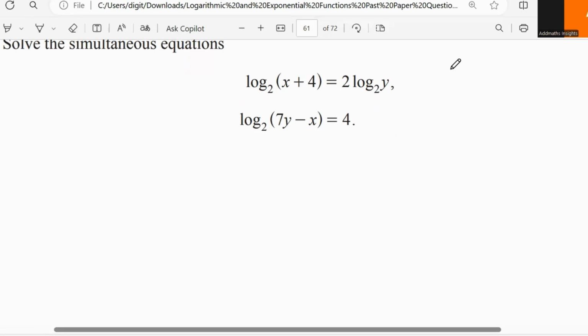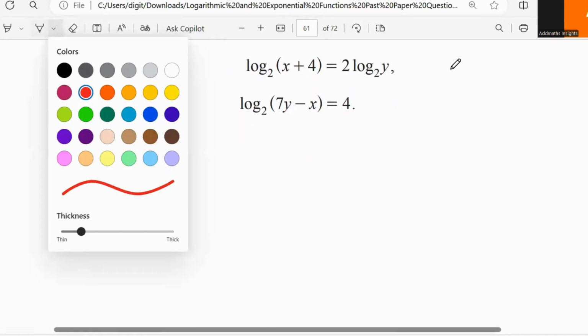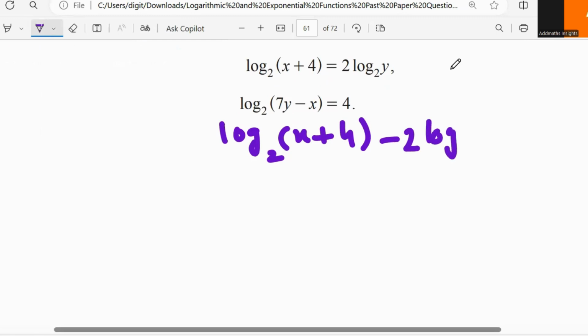So you can take this 2 log 2y to the other side, and you can write log 2 (x+4) minus 2 log 2y is 0.